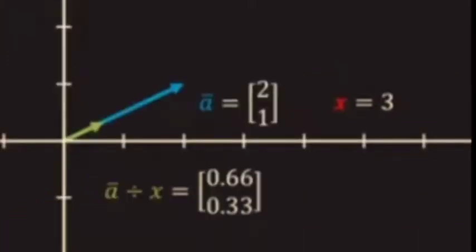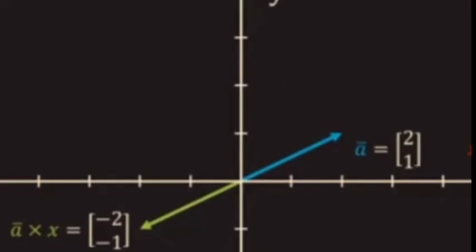So pag division, we notice that the vector from its original length, yung kulay blue, if we're going to divide it by 3, we can see that it has shrunk 3 times from its original length.